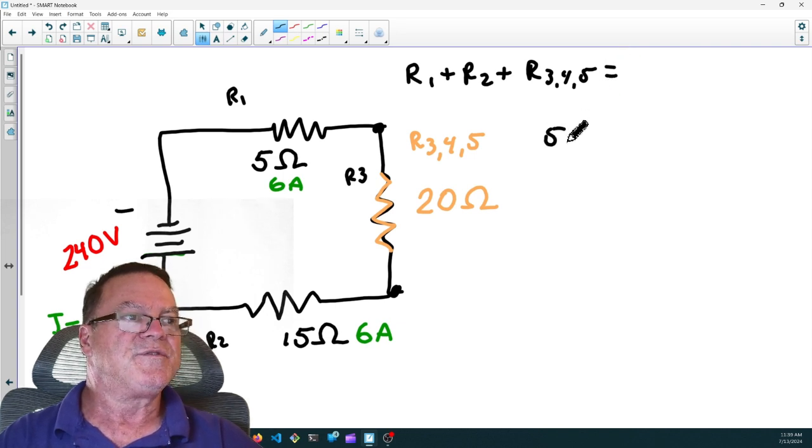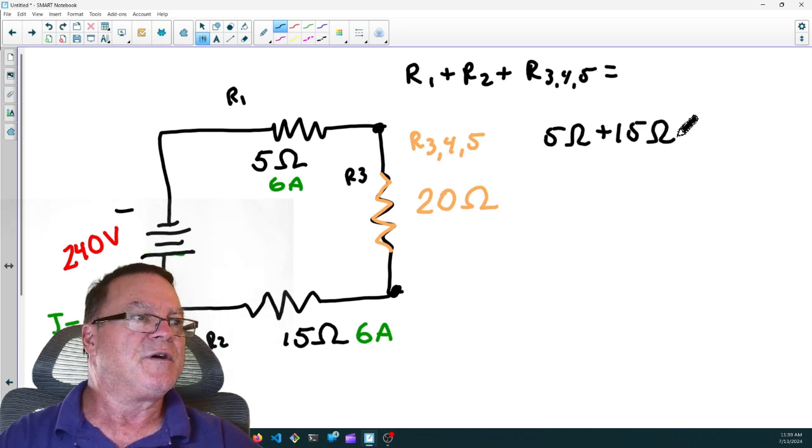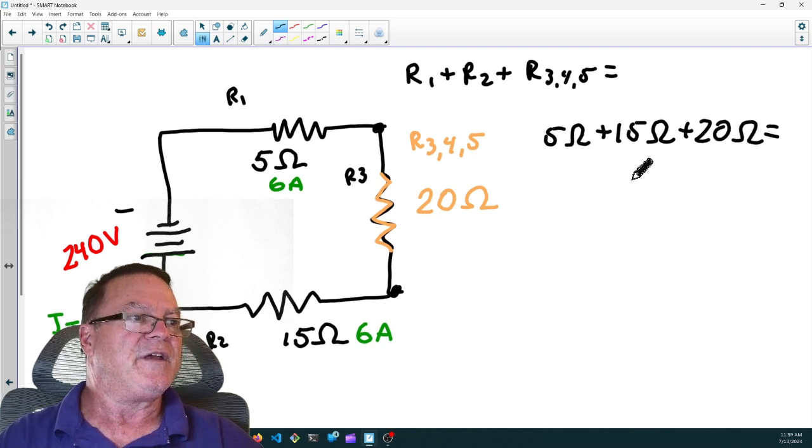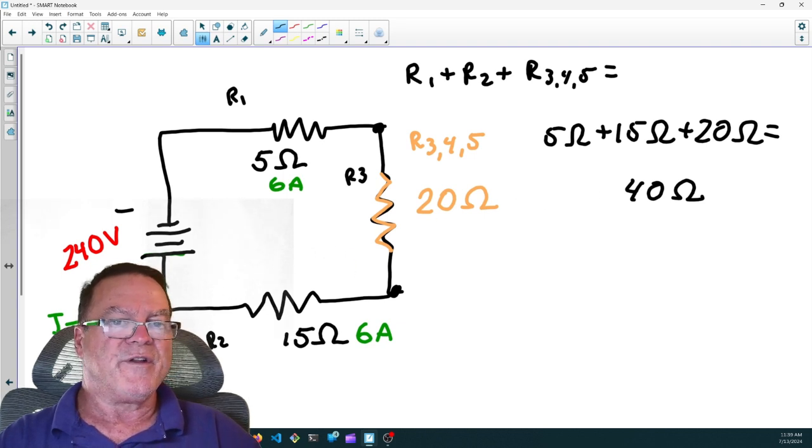So 5 ohms plus 15 ohms plus 20 ohms equals 40 ohms. 5 and 15 is 20, plus 20 is 40, 40 ohms. So my total resistance is 40 ohms. And we could have figured that out by taking 240 volts divided by 6 amps. So we could have used Ohm's law and found our total resistance to be 40 ohms.